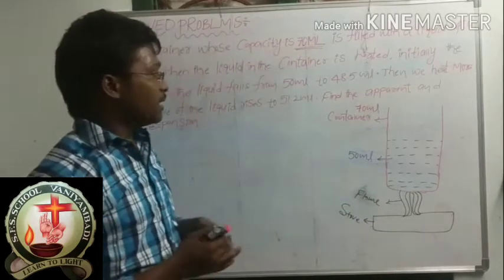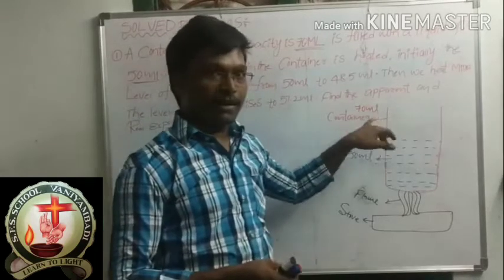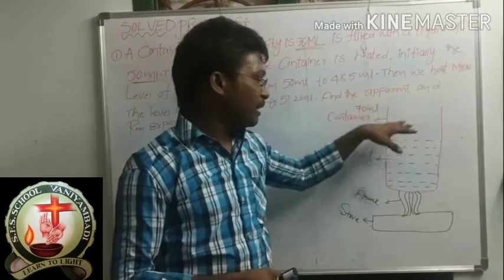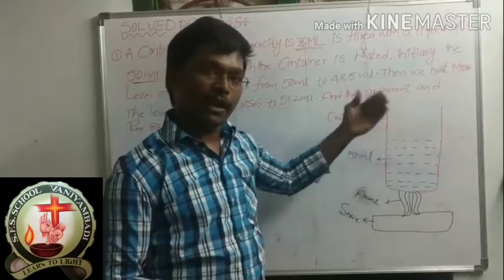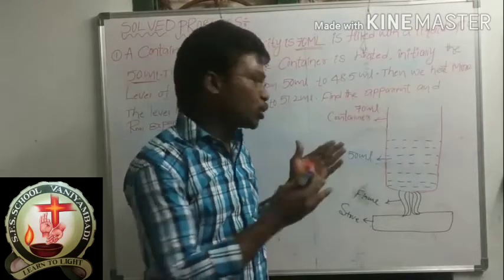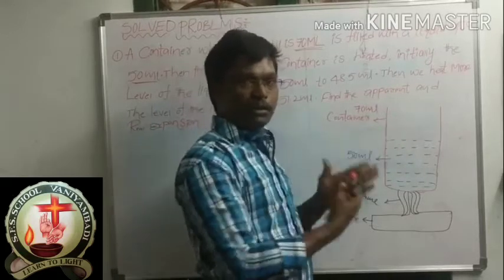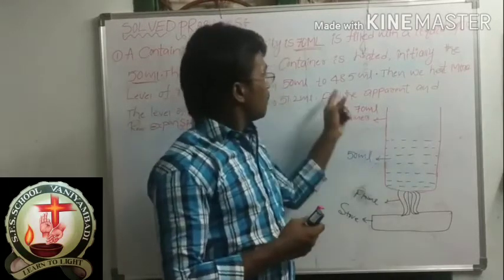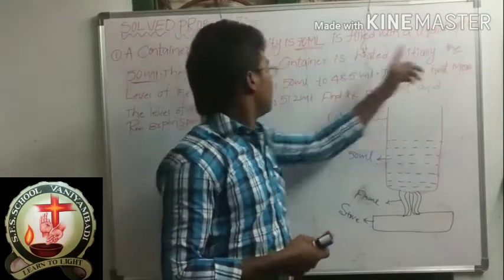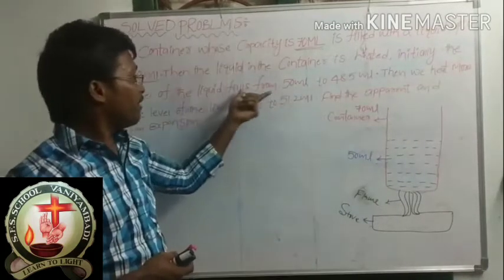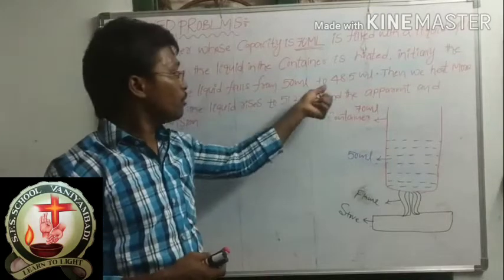Please see, this is the container, its capacity is 70 ml, but I poured 50 ml of liquid. After that I am heating this container. When we are heating, usually we should keep the container on the stove. So the container is heated.